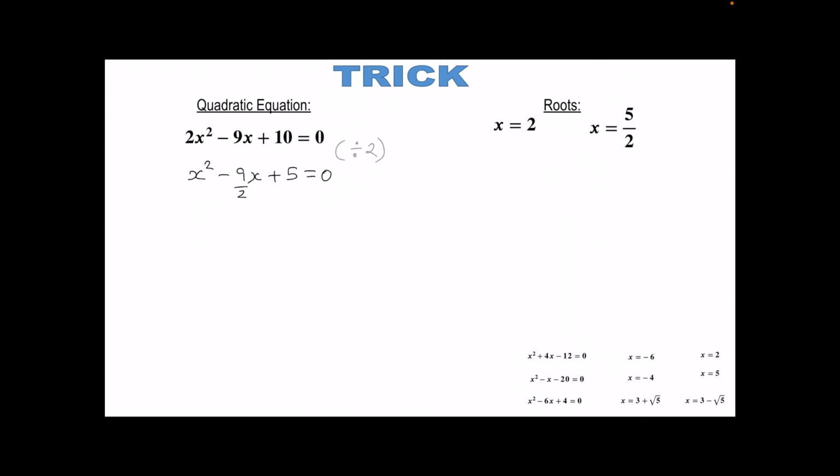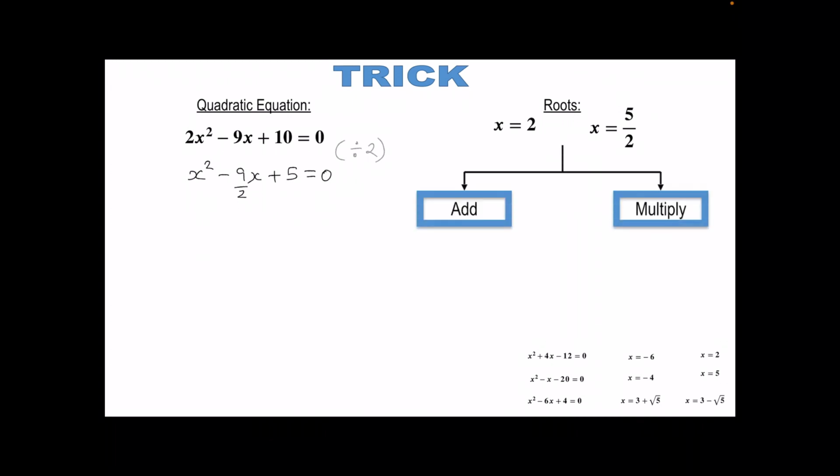And now we follow the same steps, that is, add and multiply the roots. The answer of addition is 2 plus 5 by 2, that is 9 by 2 after taking LCM. And the answer of multiplication is 5.